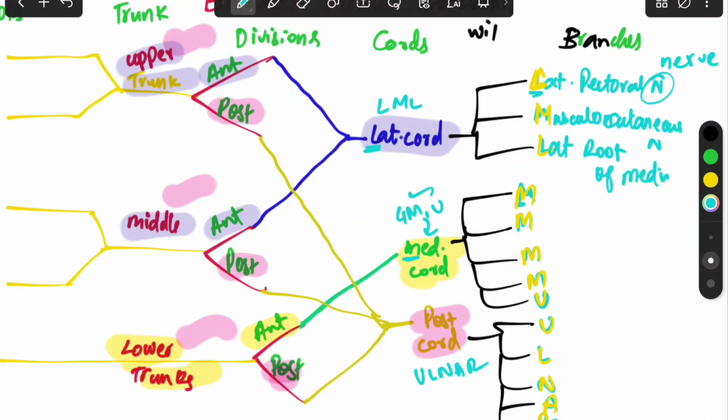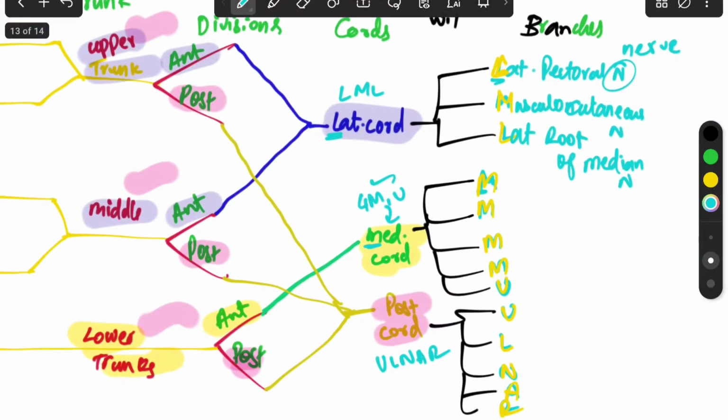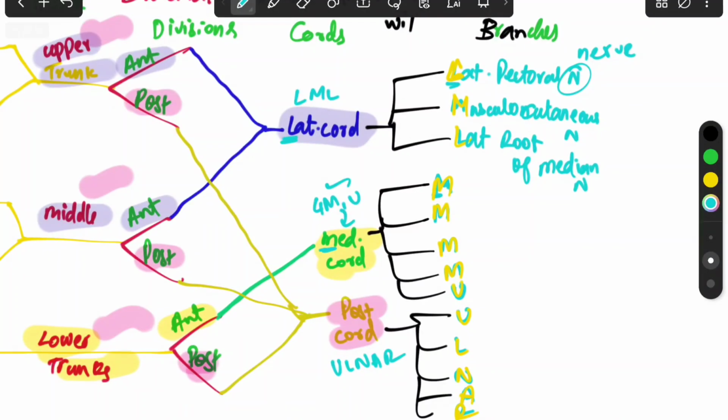Now, this M represents the medial pectoral nerve, as usual, like the lateral pectoral nerve. And this M represents the medial root of the median nerve.